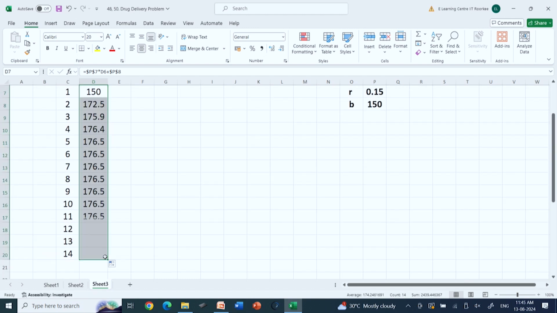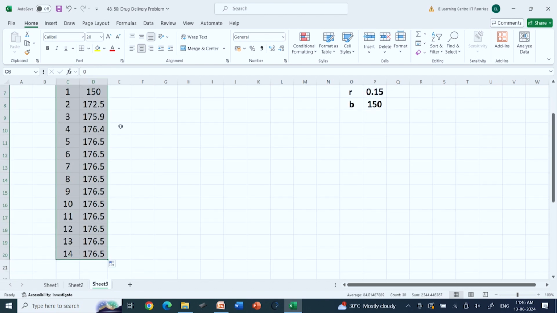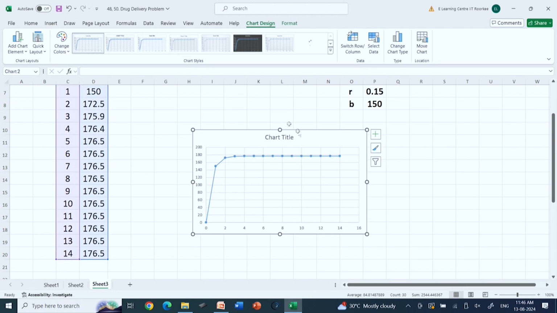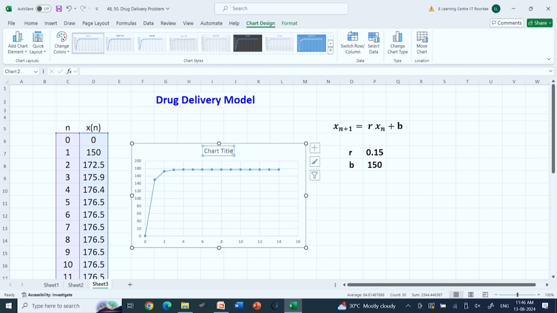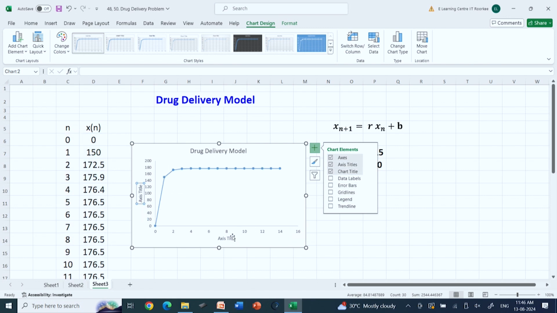So, I drag it to some values and then I plot this graph. Go to insert, go to chart and click this. You can write drug delivery model. We remove the grid lines, go to the axis title.